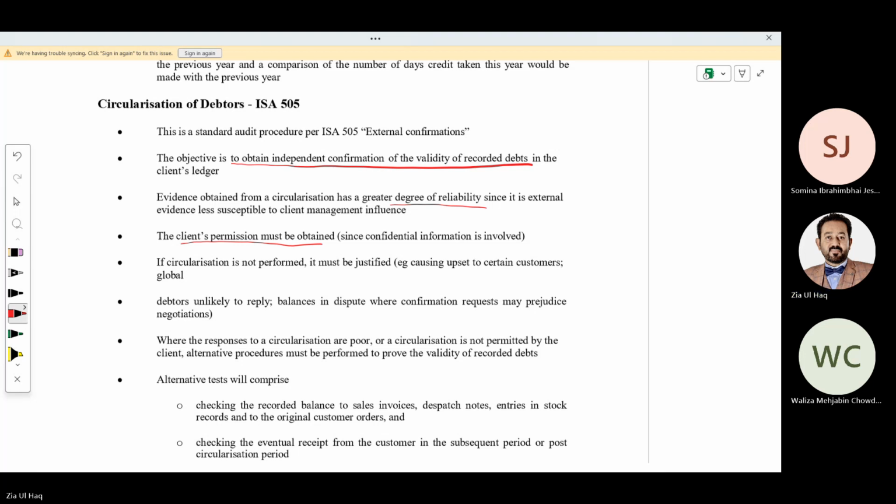So if the client doesn't give permission, or due to some restriction like cost we didn't perform the confirmation, or we sent the letter or email but the customer didn't reply, this means the balance is not confirmed from the customer.